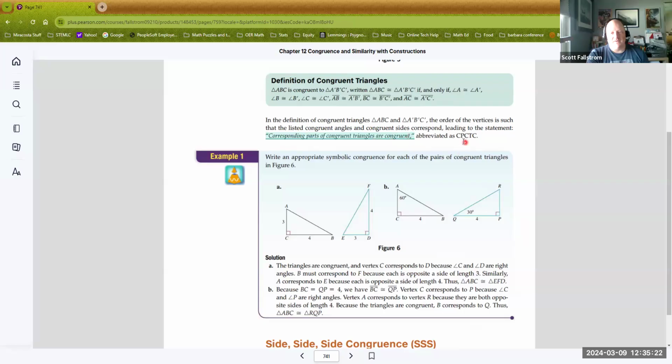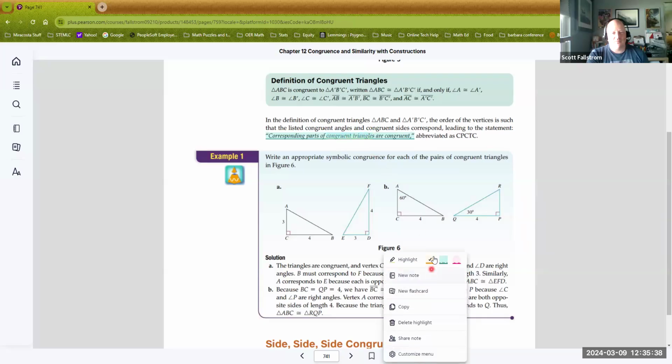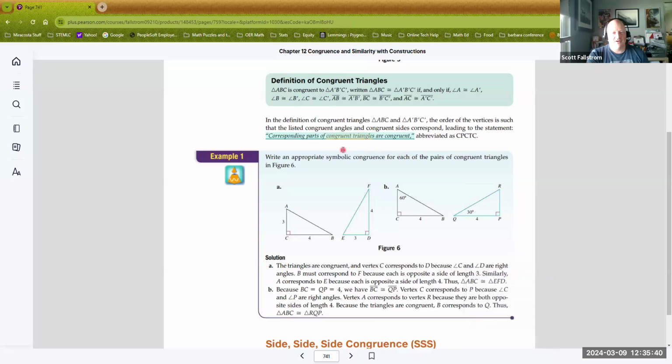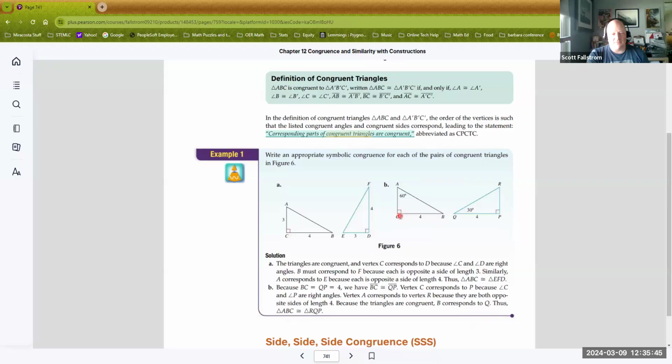And we're going to abbreviate that as CPCTC. Corresponding parts of congruent triangles are congruent. Notice that does mean we have to have congruent triangles first. We need congruent triangles, so you cannot use this unless you have congruent triangles.